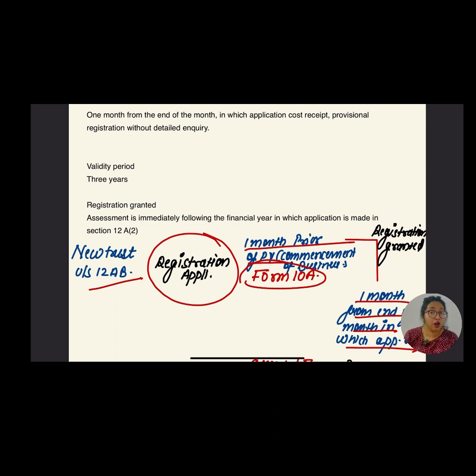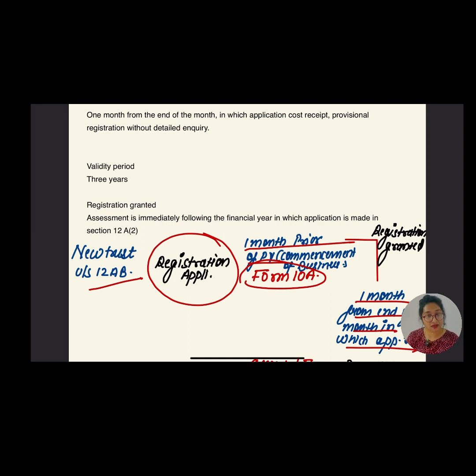For example, I thought that from April onwards I'm going to start my trust activity. Once I decide my work will start by April, the prior 1 month is going to be March. So 1 month prior, it should be March. Hope this point was clear.